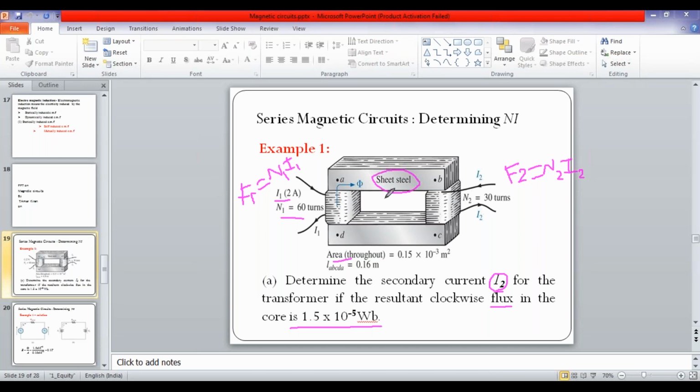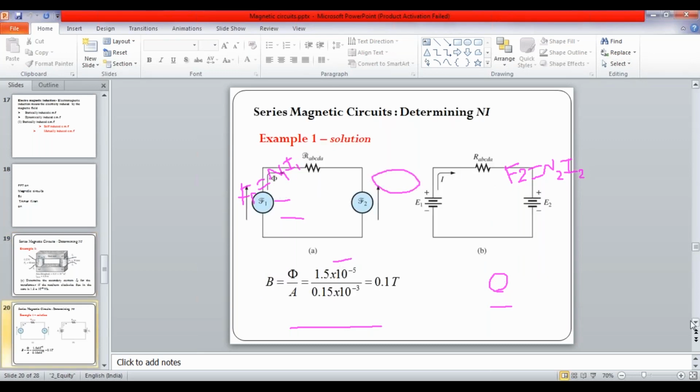Now this entire magnetic circuit can be drawn in circuit form in this manner. There are two MMFs: an MMF due to the primary supply, N1 into I1, and a secondary MMF due to the secondary supply, N2 into I2.